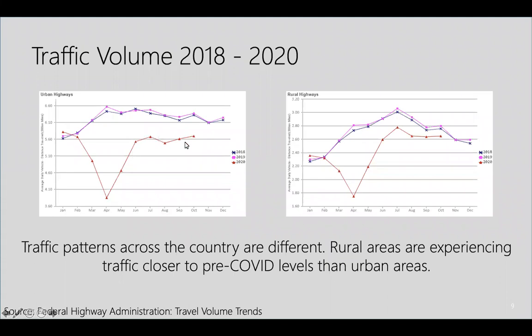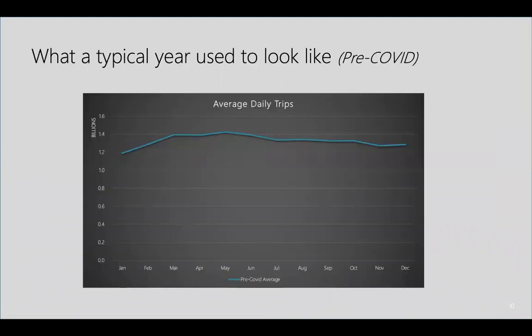But as you start to see the recovery, the urban side is much further away from pre-COVID levels than you see on the right side with some rural areas. So again, not all areas were impacted equally, and not all are recovering at the same rate, which is important to note as we look at how we craft the 2021 forecast.